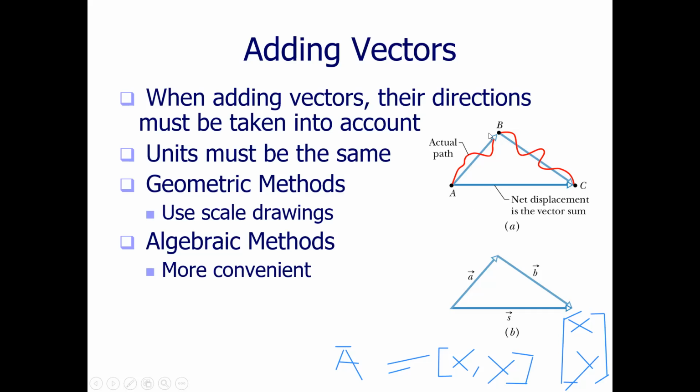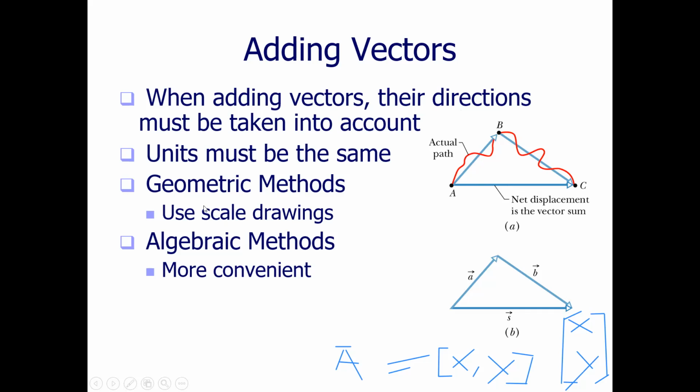Adding AB and BC, we get AC, and the direction represents the same thing. When adding vectors, their direction must be taken into account. Units must be the same. If this is in centimeters, then BC should also be in centimeters.